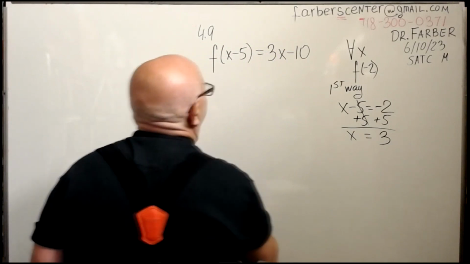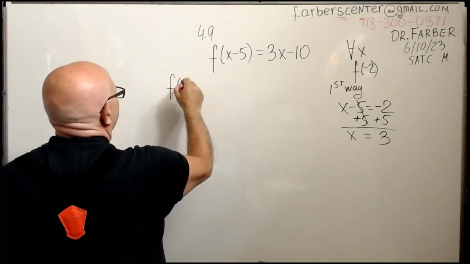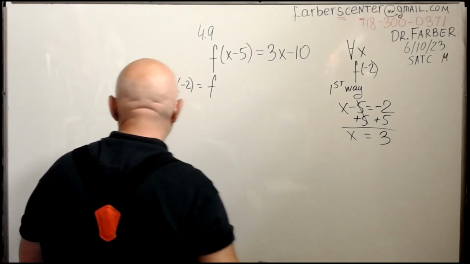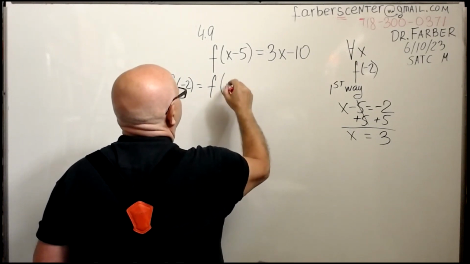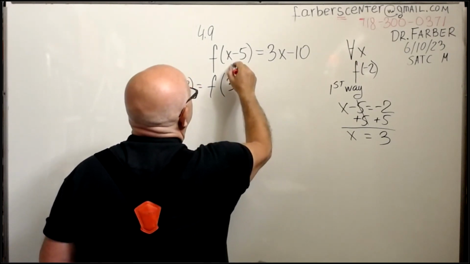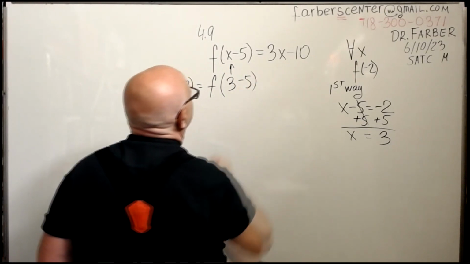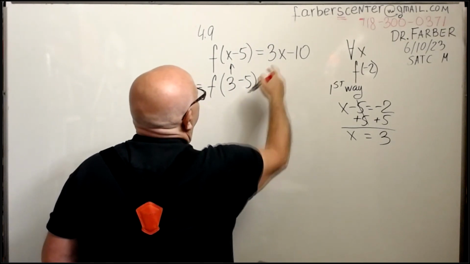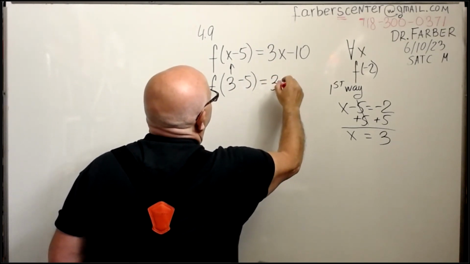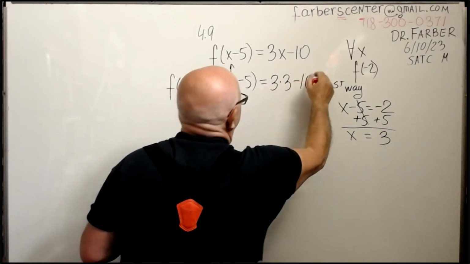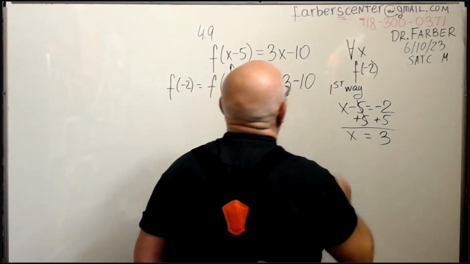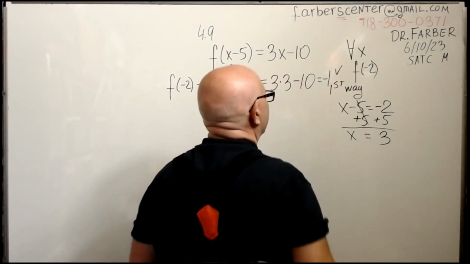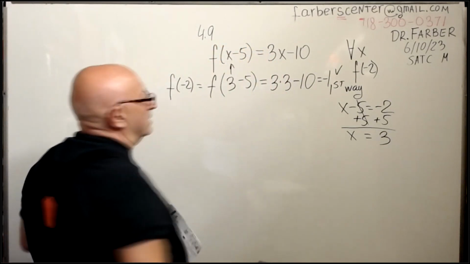So to find f of negative 2 is the same as f of 3 minus 5. And now how the system works. Instead of x plug in 3 and subtract 10. And this would be negative 1. So that is one solution. To understand this 100%, 100.